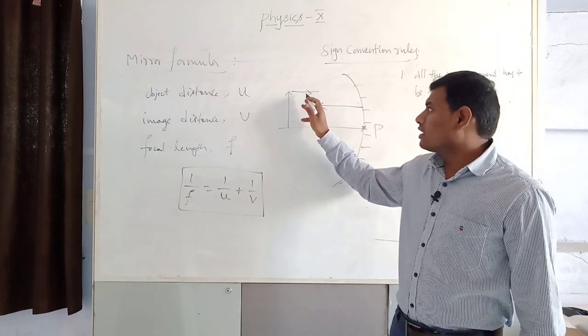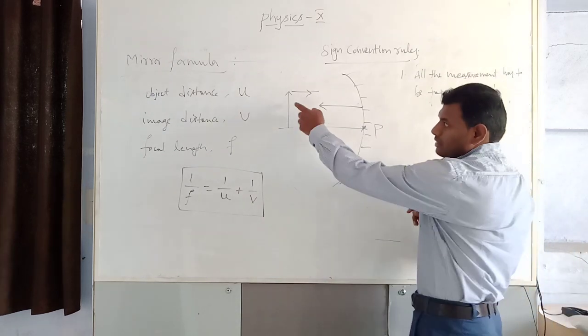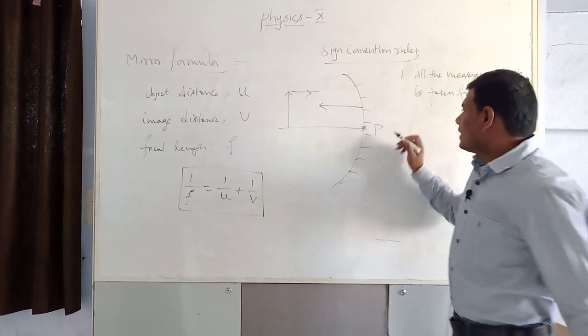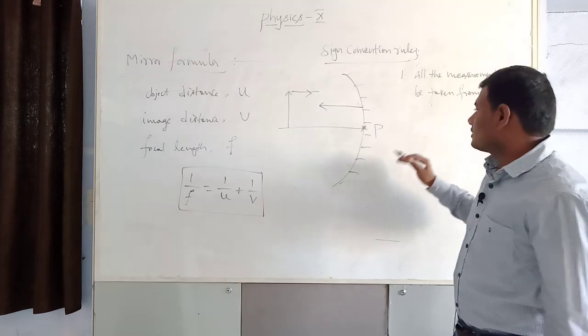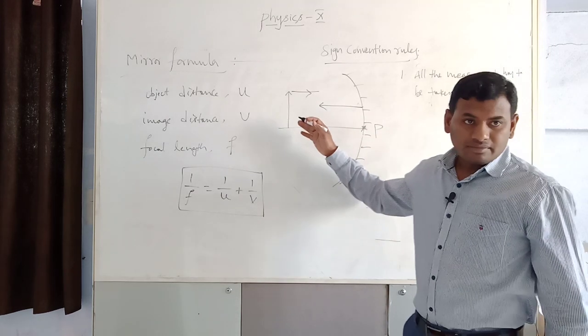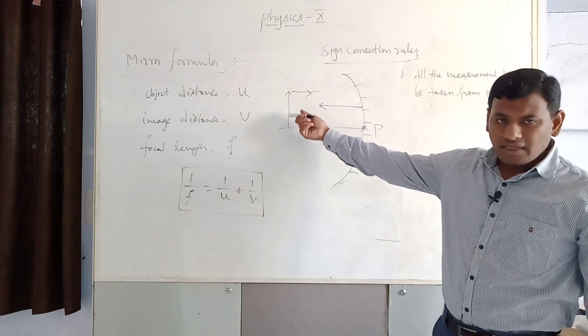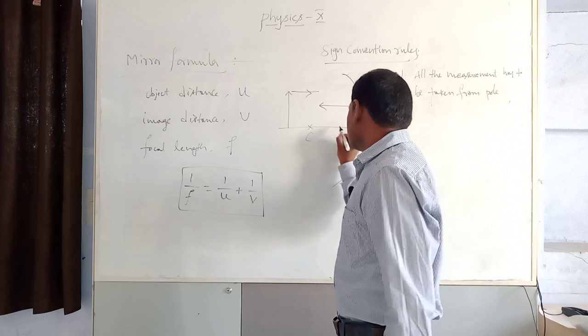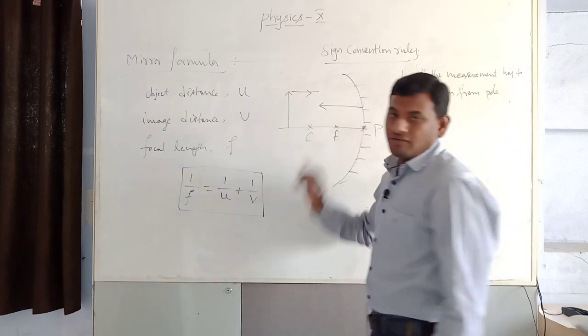For example, in a concave mirror, the incident ray direction will be in this, that is opposite to this. When we take a convex mirror, for example, any object will also be negative. For example, focal length: let this be the center of curvature and this the principal focus.